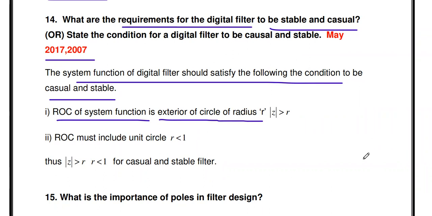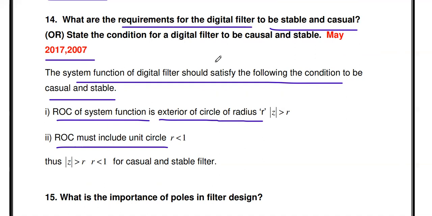So for a causal system, the region of convergence of the system function is the exterior of the circle. Then for a stable system, the ROC must include the unit circle. If the region of convergence includes the unit circle, we can call it a stable system.